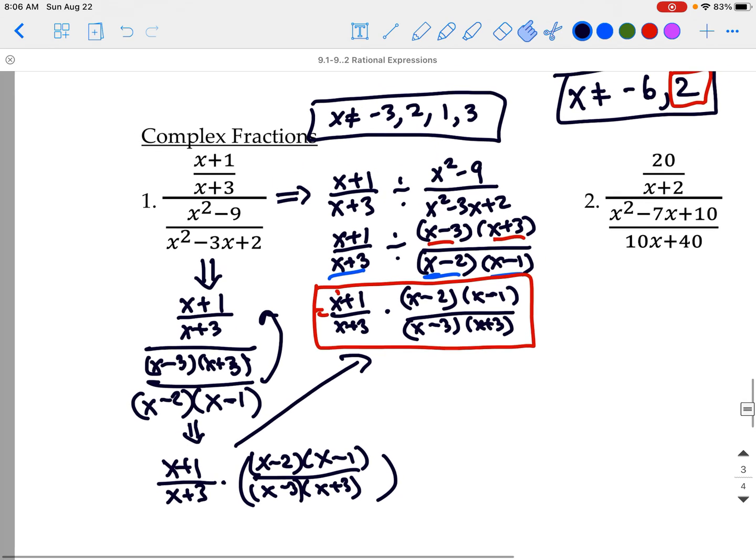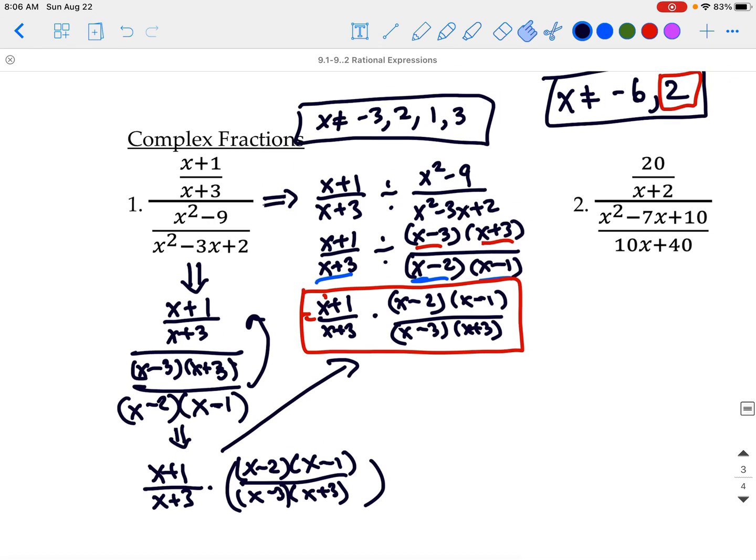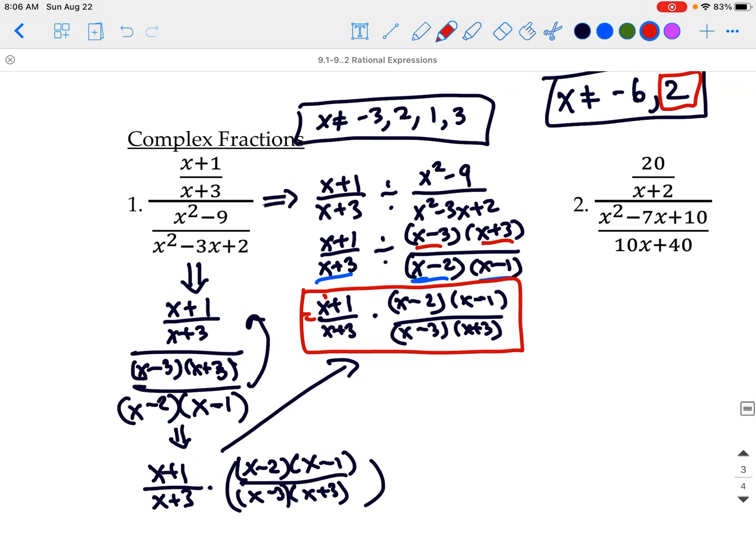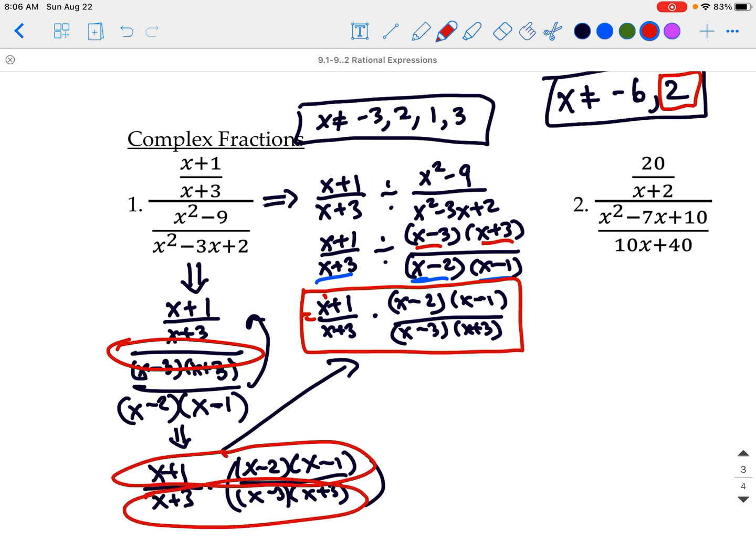So we end up with that as actually being our simplified expression, but now we have it as a single rational expression. So our goal is just to get rid of this middle division. We just don't want that. We just want an expression divided by another expression. Or a polynomial, I should say, divided by a polynomial.